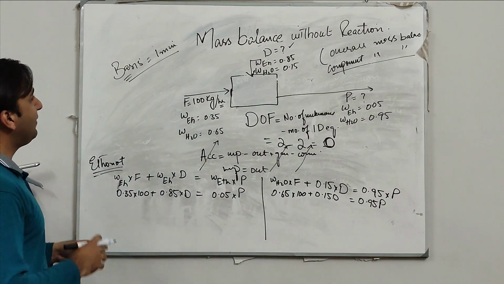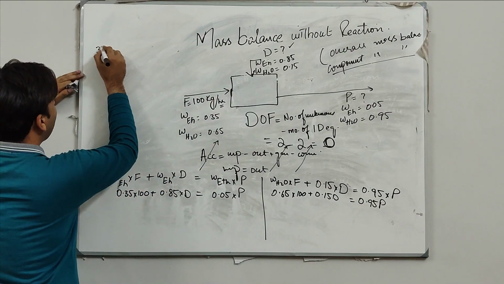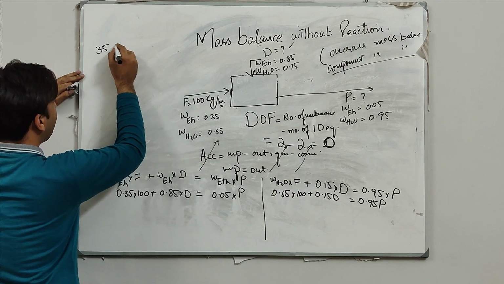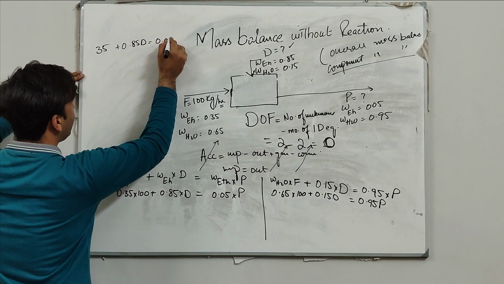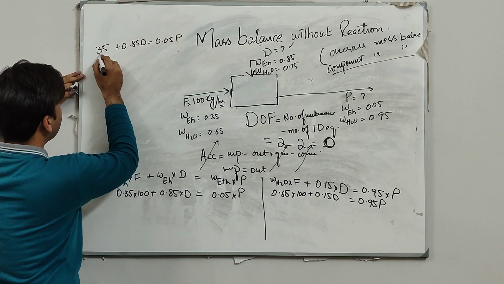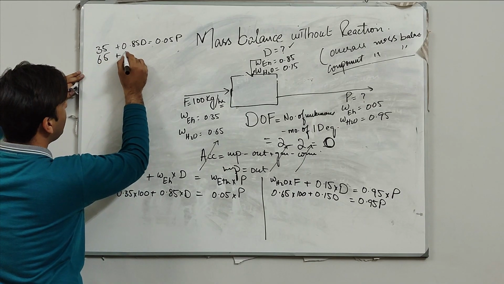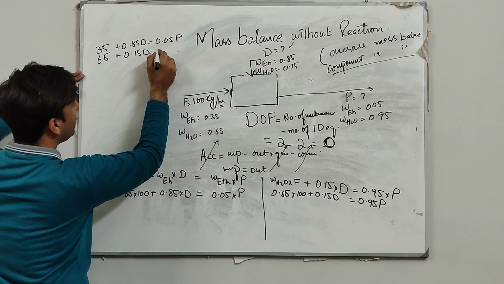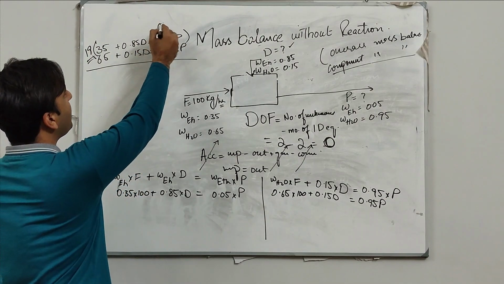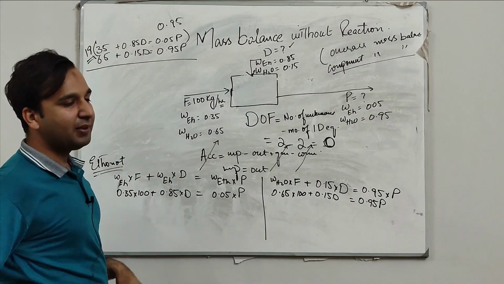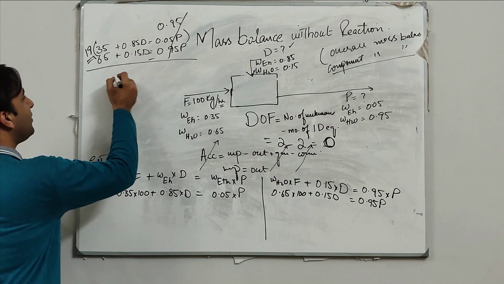Now if I write here my linear equations, that will be 35 plus 0.85 D is equal to 0.05 P. And the other equation is 0.65 plus 0.15 D is equal to 0.95 P. After multiplying, this value will become 0.95, and you can simultaneously solve it by cancelling this value, and after this you will get the value of D.